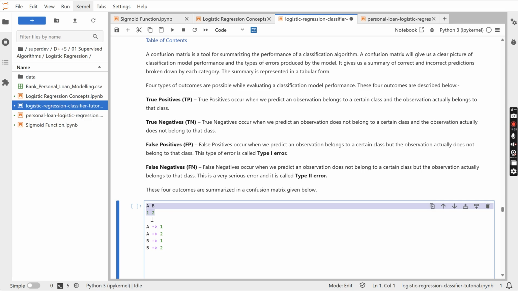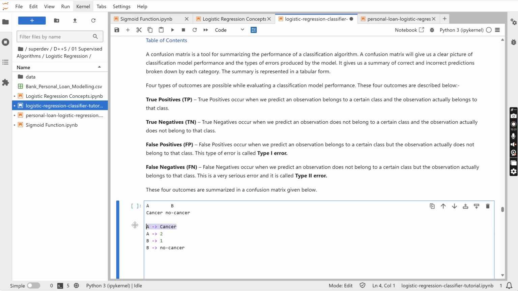If I say A and B are patients, this person has cancer, and another person does not have cancer. Now we are asking how many times the model has correctly predicted that patient A has cancer and patient B has no cancer.